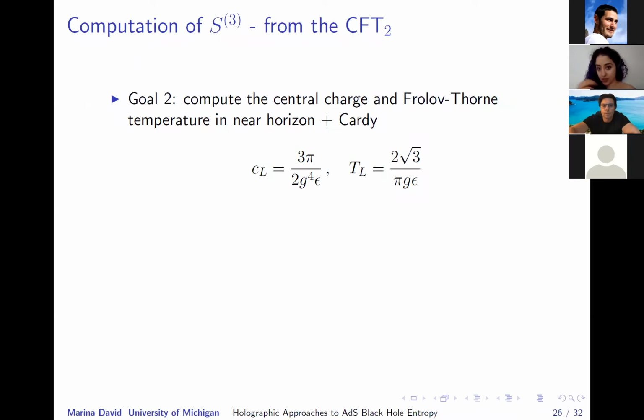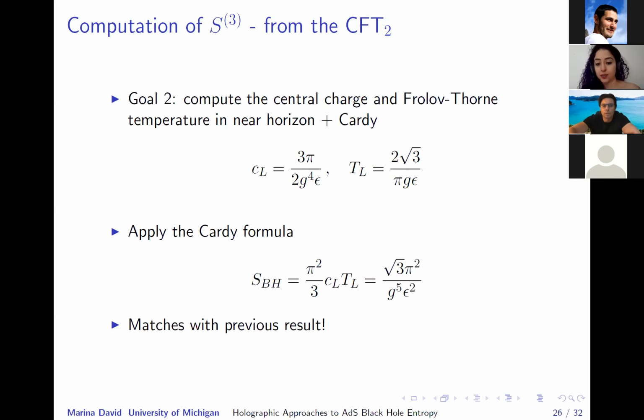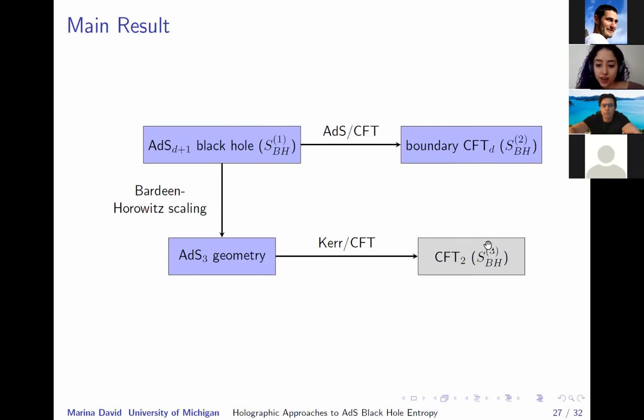So when you impose this gravitational Cardy-like limit, the central charge and the temperature are both order 1 over epsilon, and so the entropy is going to be 1 over epsilon squared, as predicted from my previous slide with that table. So this precisely matches the result that we had found before. You may not remember the coefficients, but they're exactly the numerical coefficients we also were seeking. And so now finally, we have computed this last corner here of our diagram.